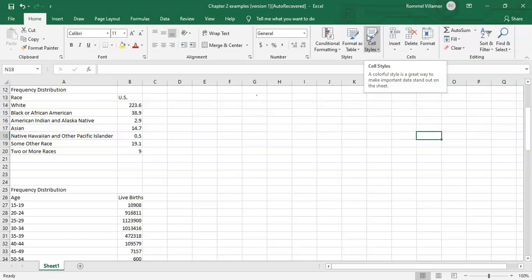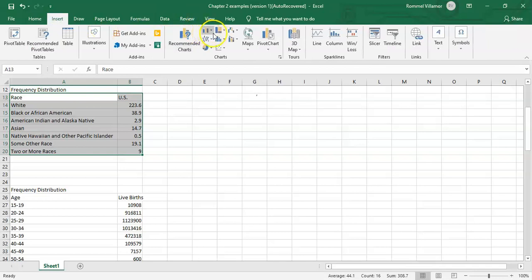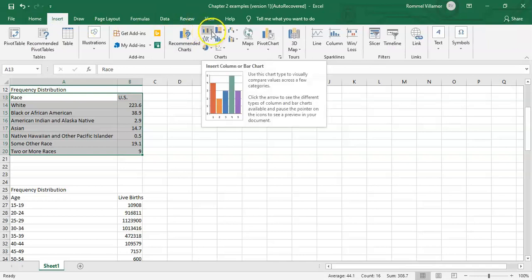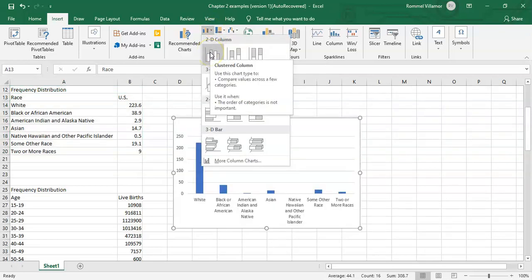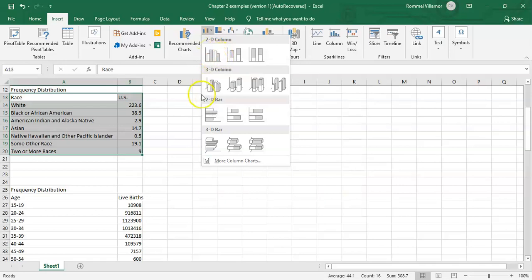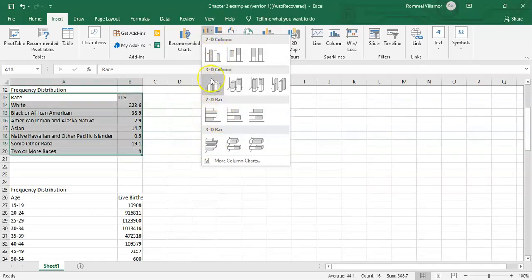So for us to be able to construct the frequency bar graph, all you need to do is highlight your data and then choose Insert, and then you'll see under the Insert tab the column or bar chart. So click that. You can choose 2D column, 3D. It's up to you whether you want to be fancy or not. You can choose which model it is.